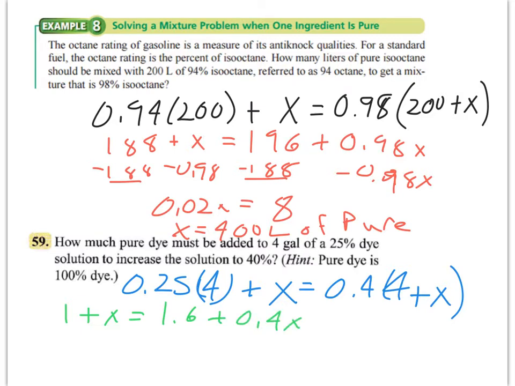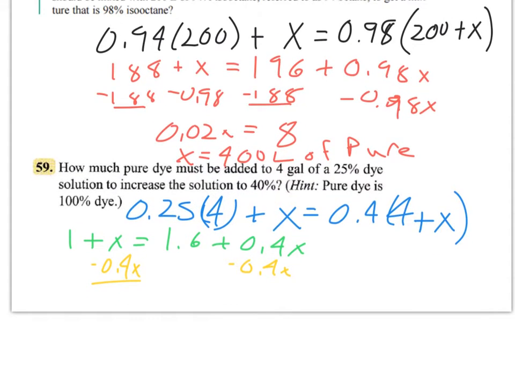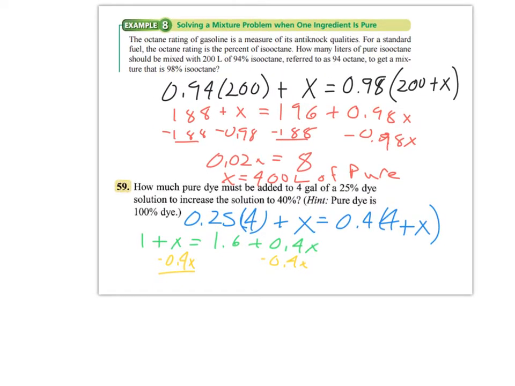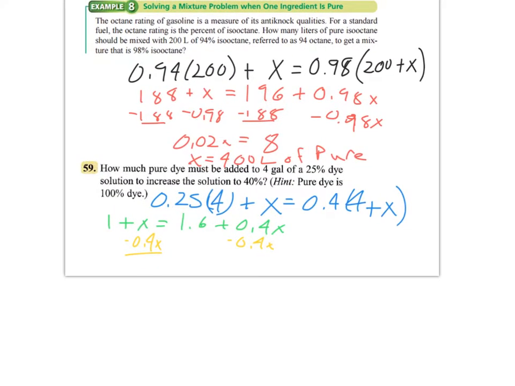So I would subtract the 0.4x from both sides. And again, you could multiply by 10 if you wanted to get rid of the decimals. Not entirely necessary, but if that makes it easier for you to think of what's going on, that's perfectly fine.